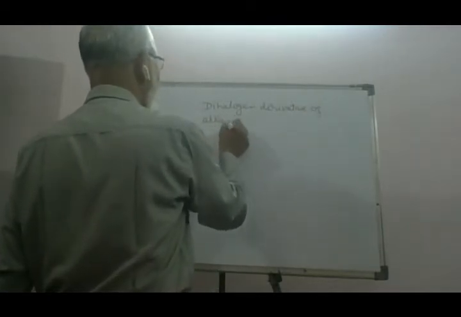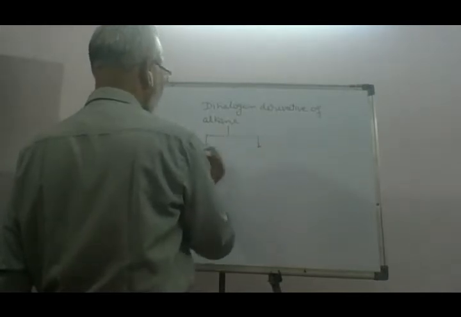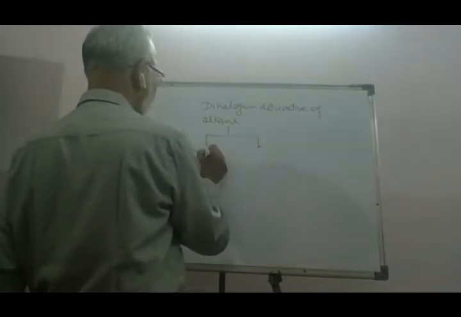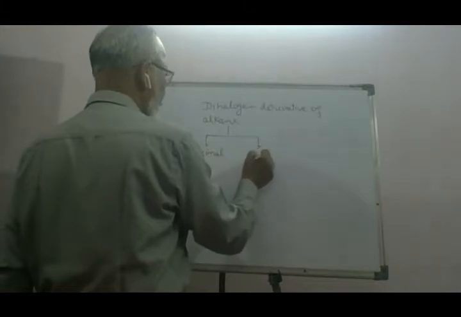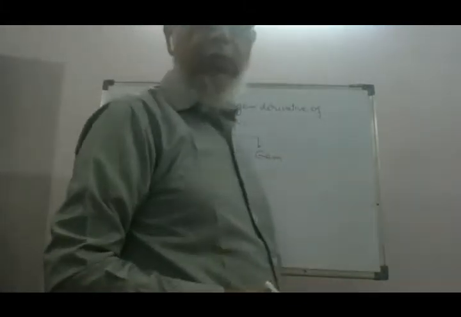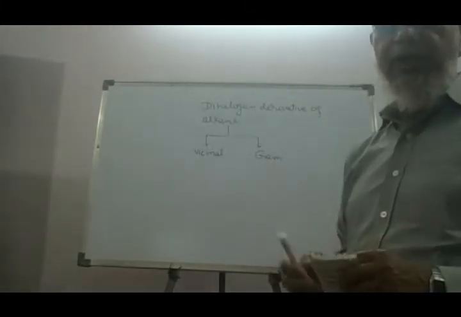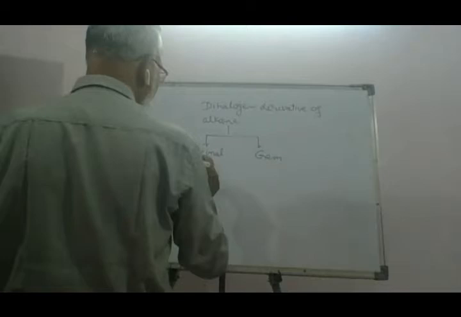One is vicinal and the other is gem. The vicinal dihalides are also known as alkene dihalides. This is according to the common naming system.